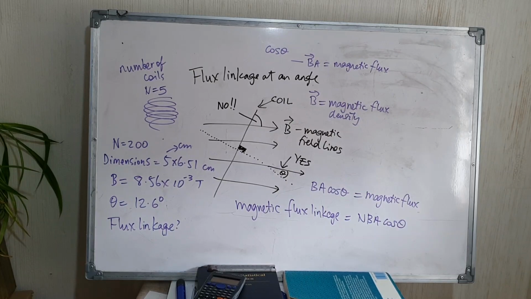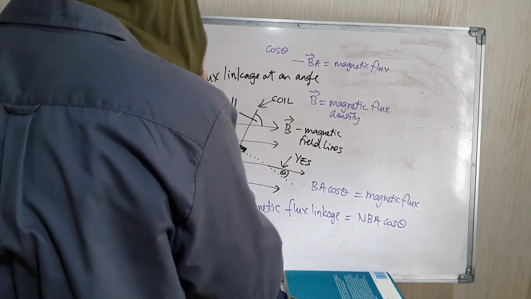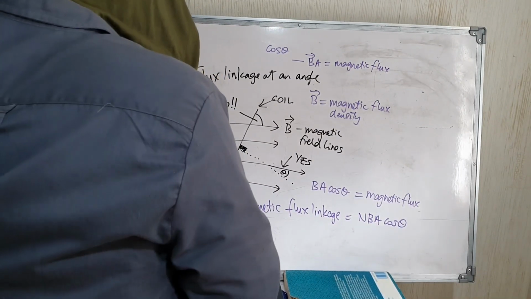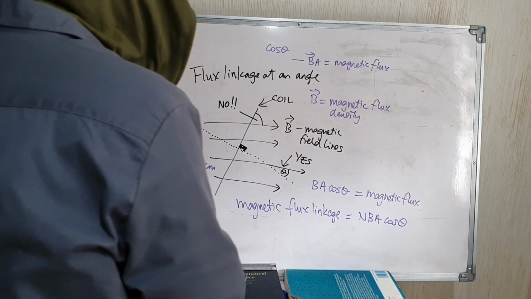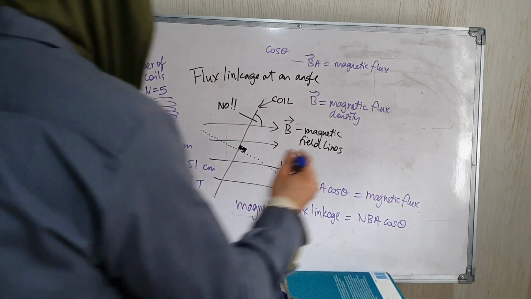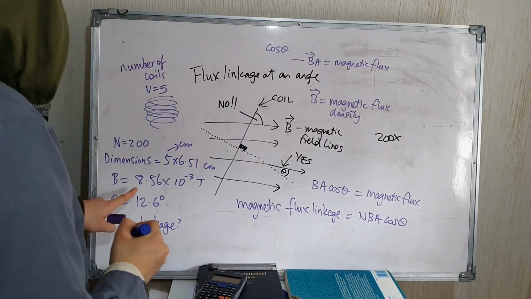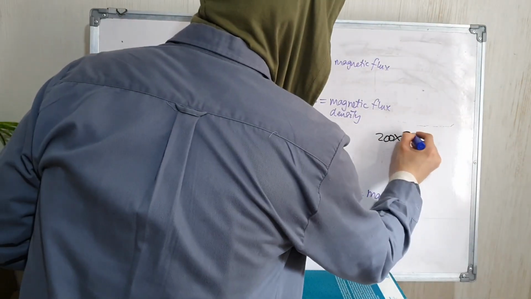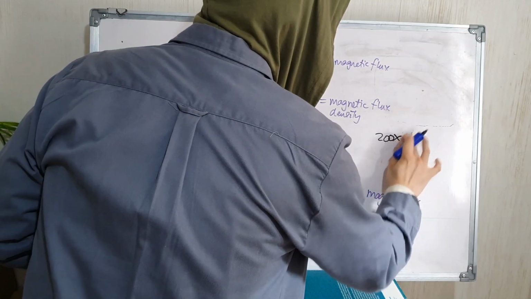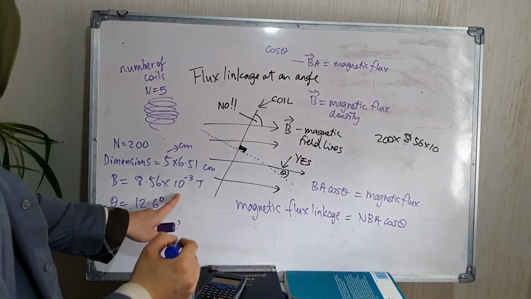All right, so let's just rearrange. Do we need to rearrange? We don't need to rearrange. So the equation is NBA cos theta. You know N is 200. You know B is 8.56 times 10 to the minus 3.